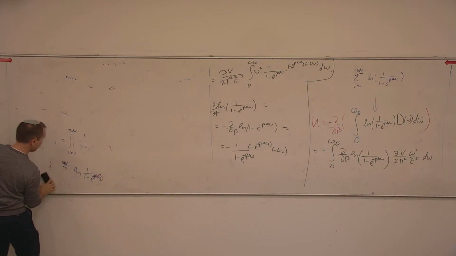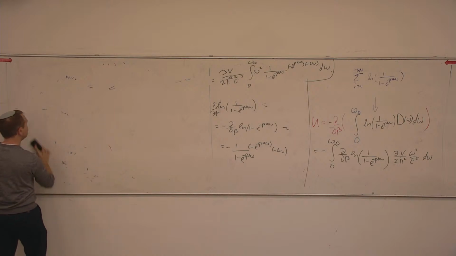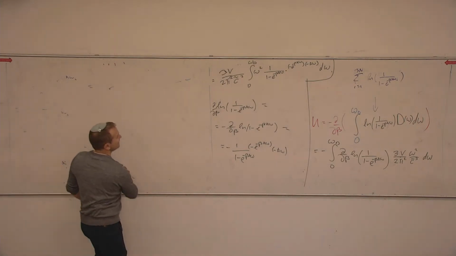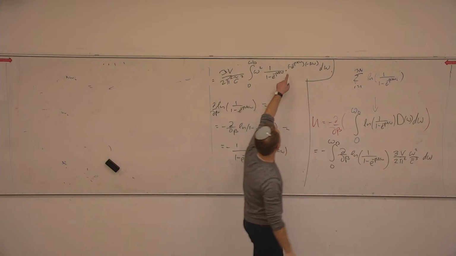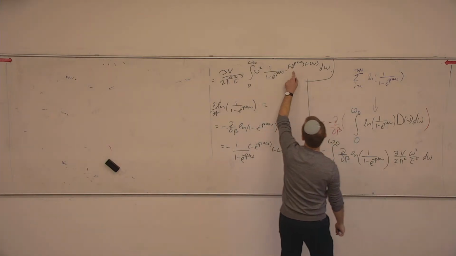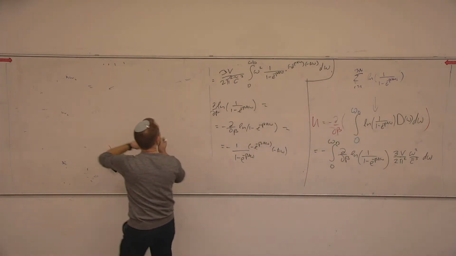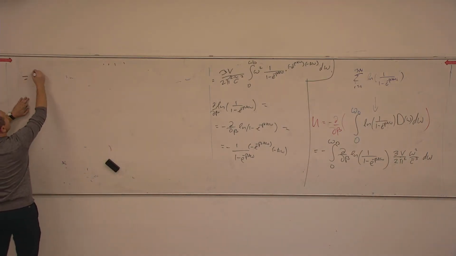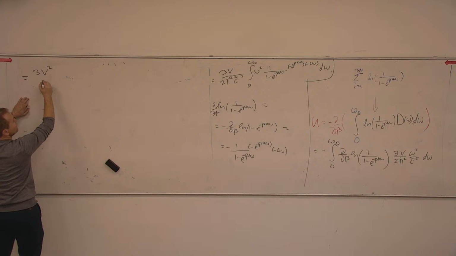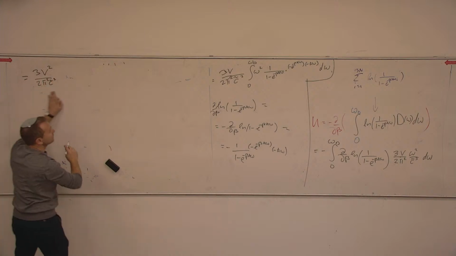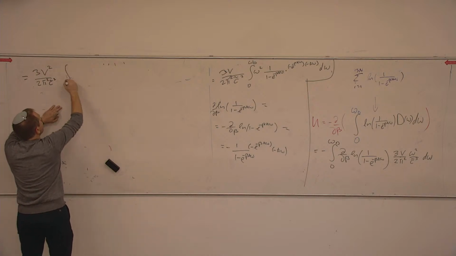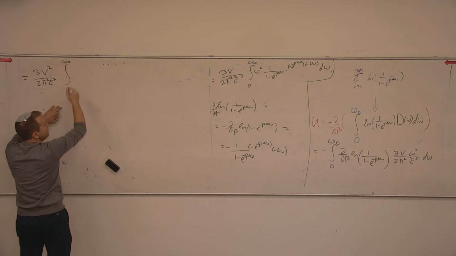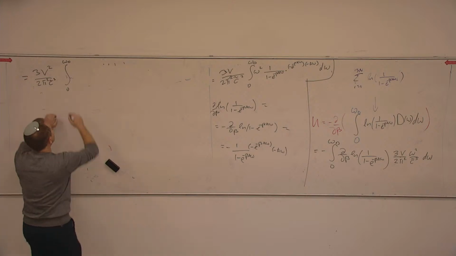So let's figure out what we have. The minus and minus cancel out. I have e to the power minus beta h bar omega. In front of the integral, we have 3V squared divided by 2 pi squared c cubed. Inside, the integral from 0 to omega_D.